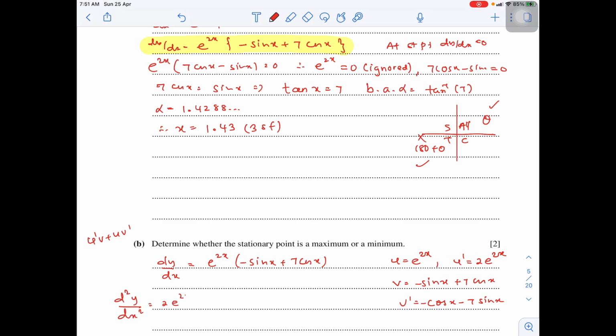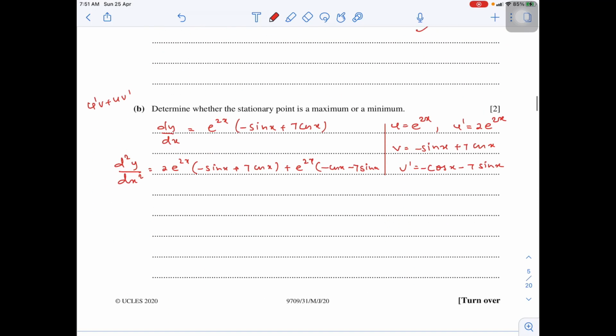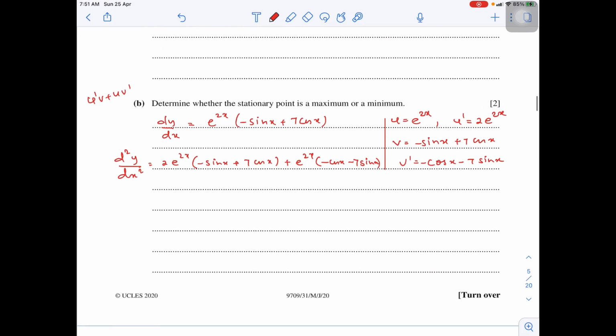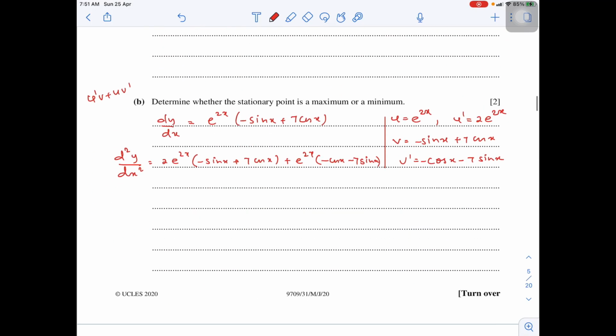So again it's u dash v plus u v dash. So d squared y over dx squared is u dash v, 2 e to the power 2x times (negative sine x plus 7 cos x), plus u v dash, where u is e to the power 2x and v dash is negative cos x minus 7 sine x.